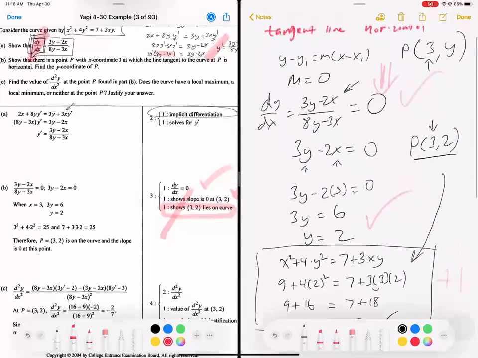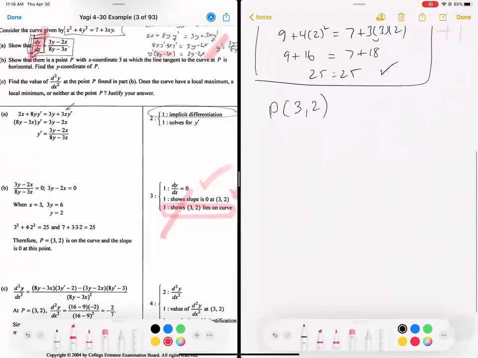So if we go back to our first derivative, which is actually written for us, let's find d squared y over dx squared. Okay, so we're going to take the second derivative, d over dx of 3y minus 2x over 8y minus 3x. It's going to be a little ugly, but we'll just have to do it. The derivative of a fraction is derivative of the top, leave the bottom alone, minus the derivative of the bottom, leave the top alone, over the bottom squared.